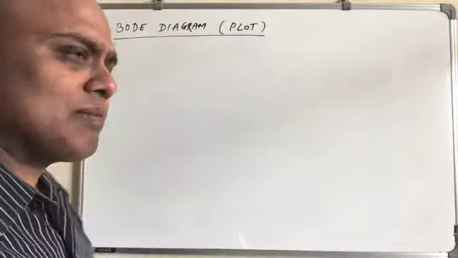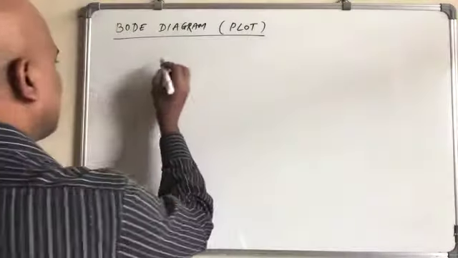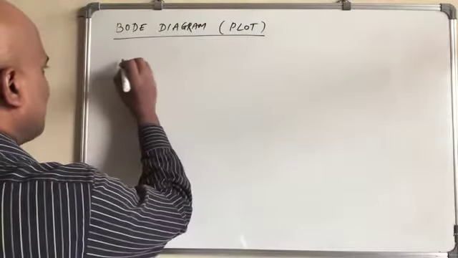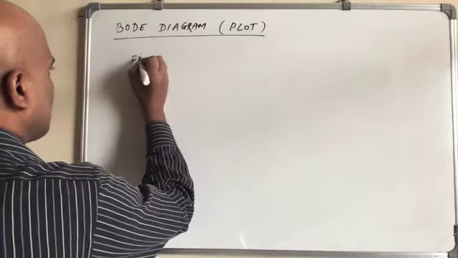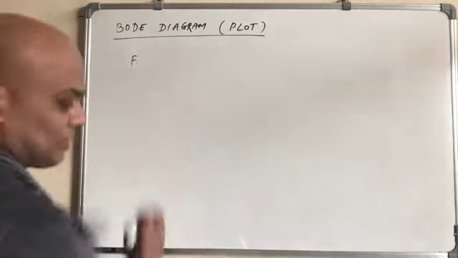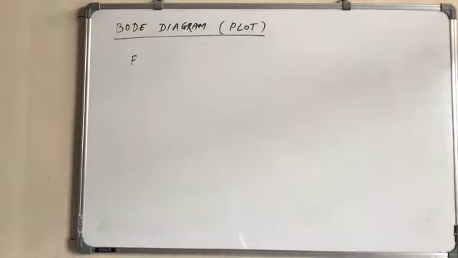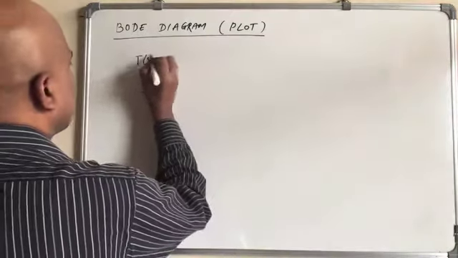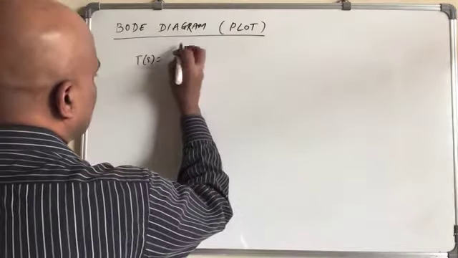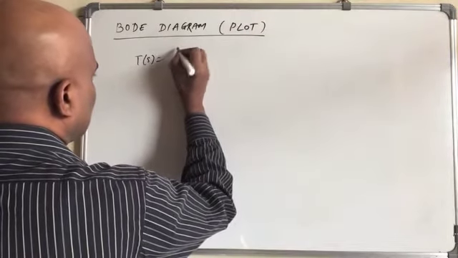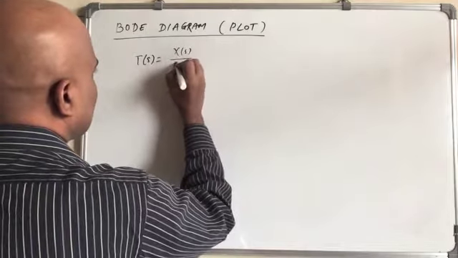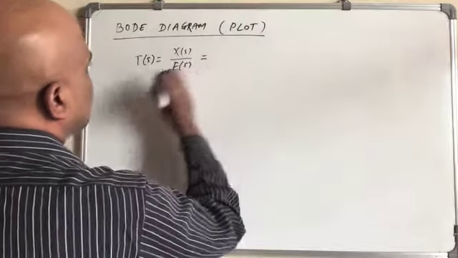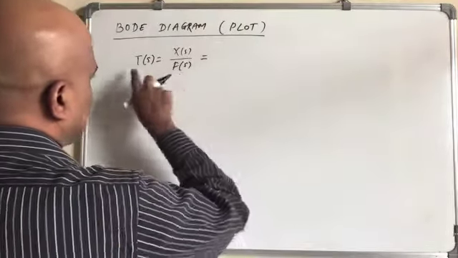And it is simply as we looked at already, if the transfer function T(s), let us say, is equal to the output X(s) over the input, let us say F(s).